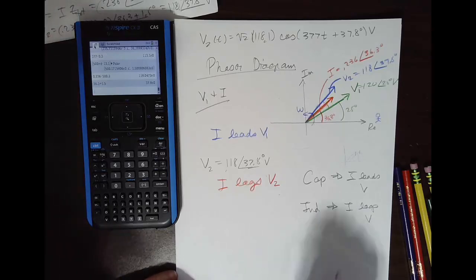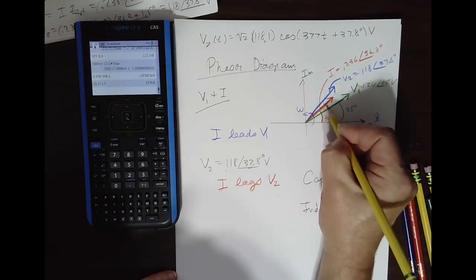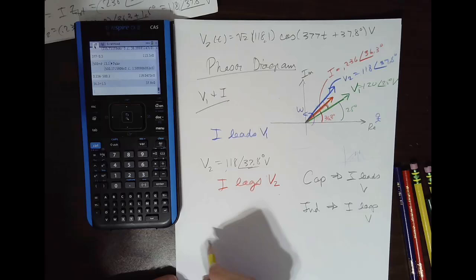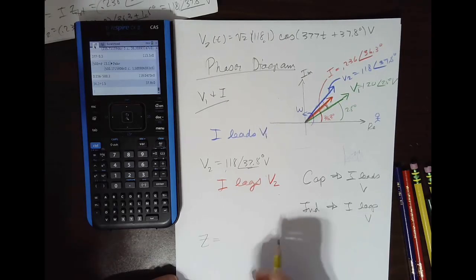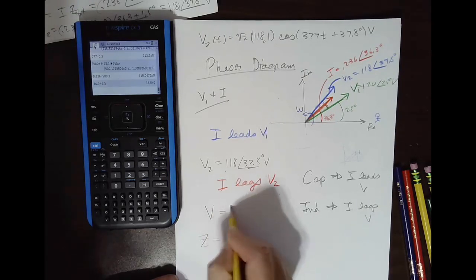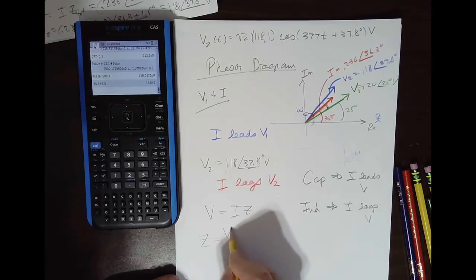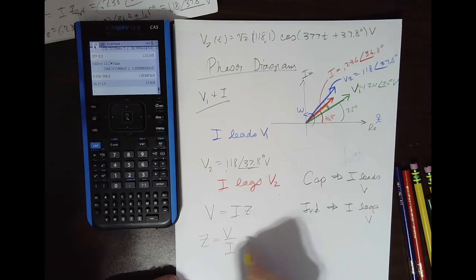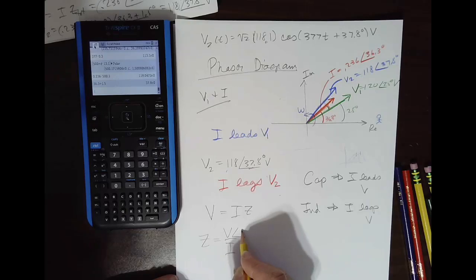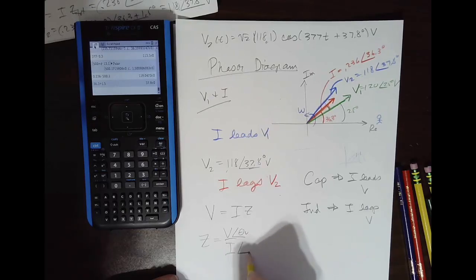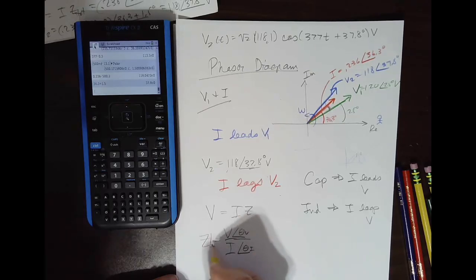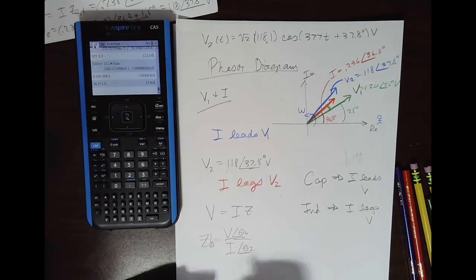Just one note about the difference between these two, if we're calculating an impedance. Back to Ohm's law, V equals IZ. So what is Z? V over I. If we do this in complex numbers, some V at an angle of theta sub V, and some I at an angle of theta sub I, and Z has some angle theta itself.